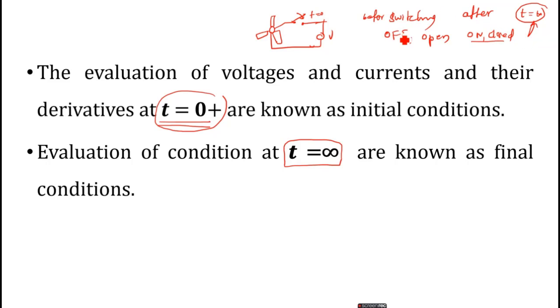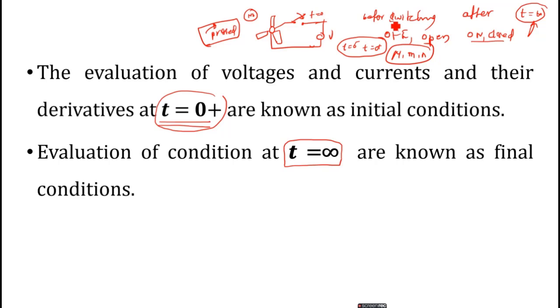So before switching, after switching, and t is equals to infinity. Immediately after switching, do you say that the fan will be rotating at its rated speed? When the switch is operated, do you say that the fan will be running at its rated speed? No, it is not possible. The meanings of t is equals to 0 minus and t is equals to 0 plus are measured in terms of micro, milli and even nanoseconds.